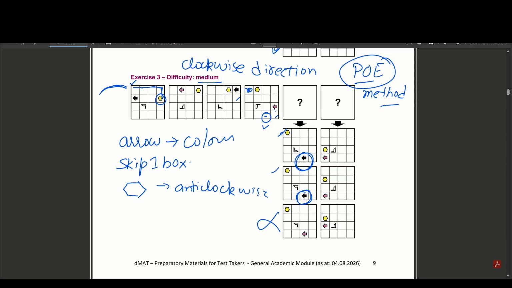Then again we have another third figure, that is this.